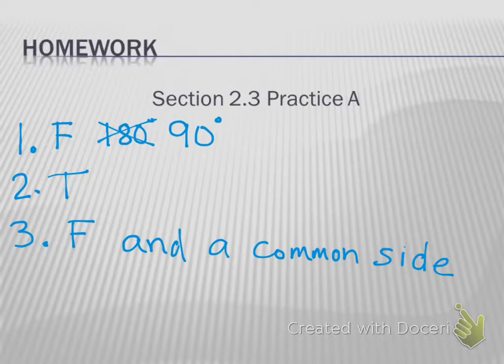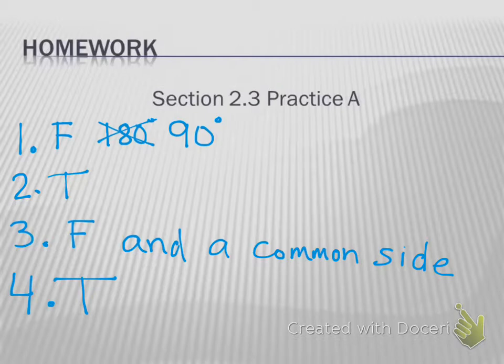It's kind of like part B on that example we did where we said adjacent, non-adjacent. They have to have the same vertex and a common side. And then number 4 says a theorem is a true statement that follows from other true statements. That is, of course, true. So false, true, false, true. Make sure you fix the falses.